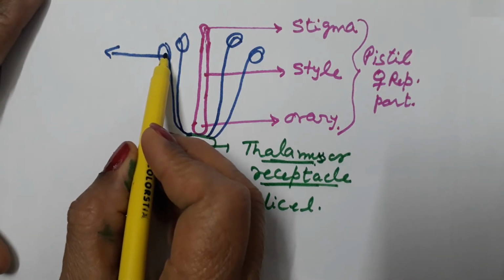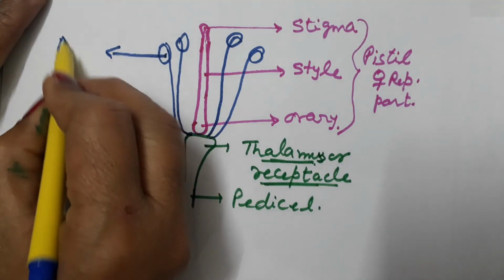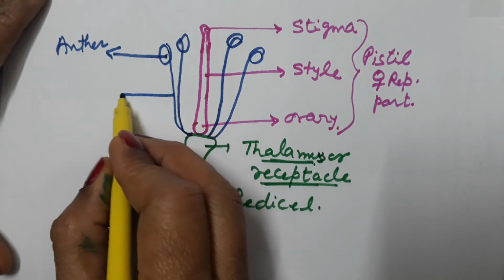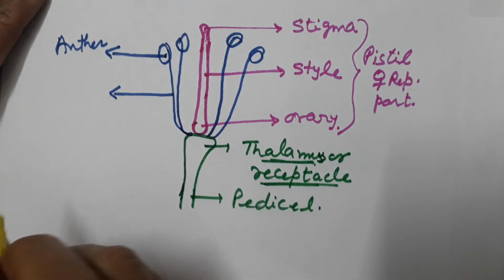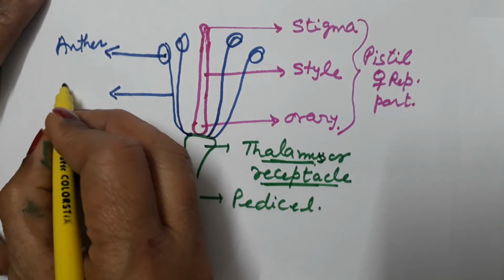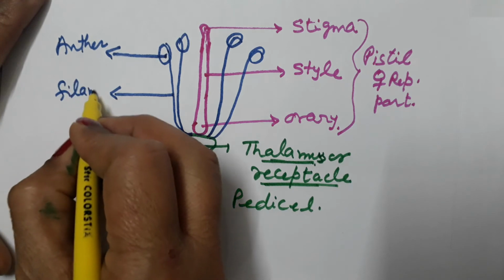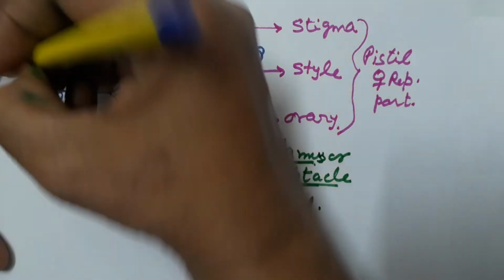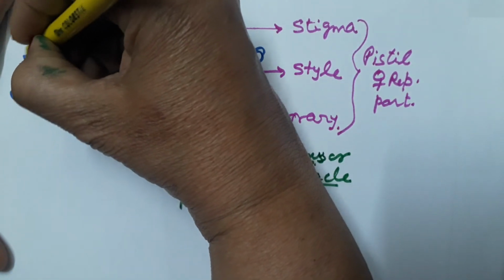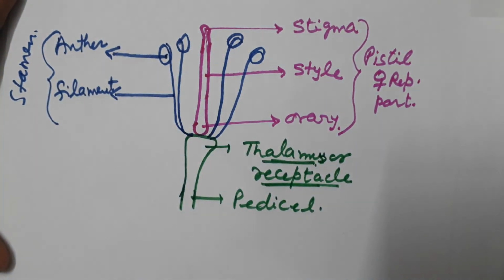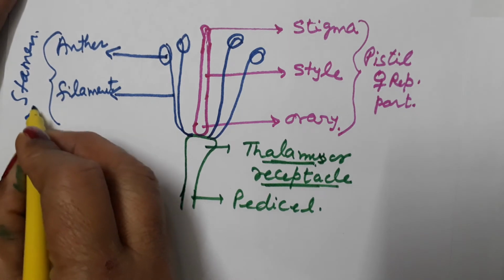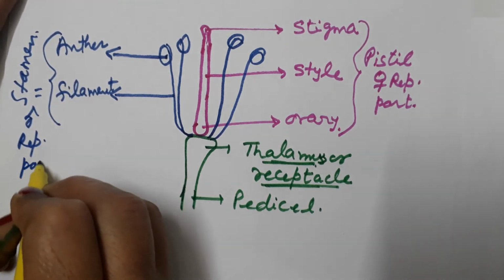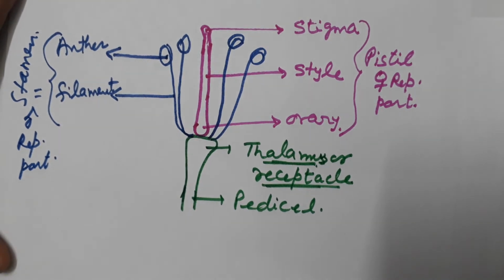The lobed upper part is known as the anther, and the cylindrical portion represents the filament. These two parts together constitutes the stamen. Stamen represents the male reproductive part of flower.